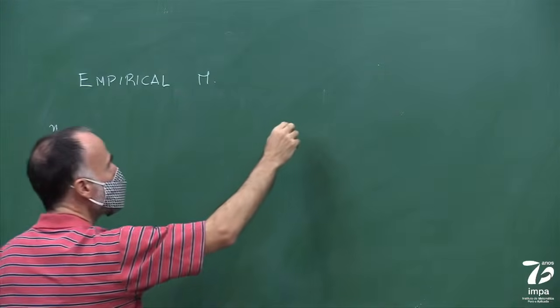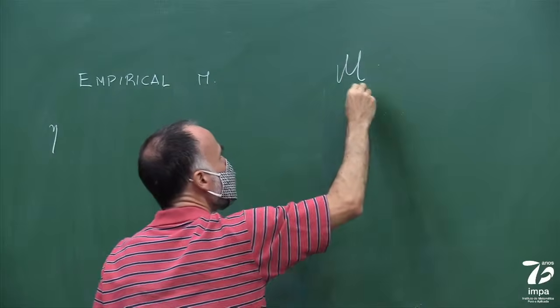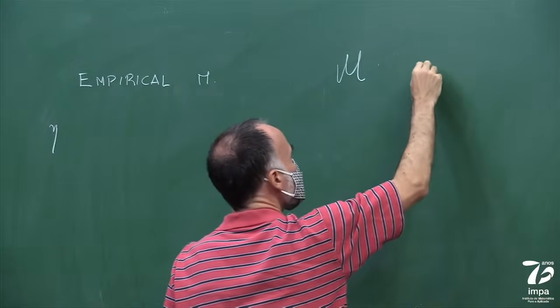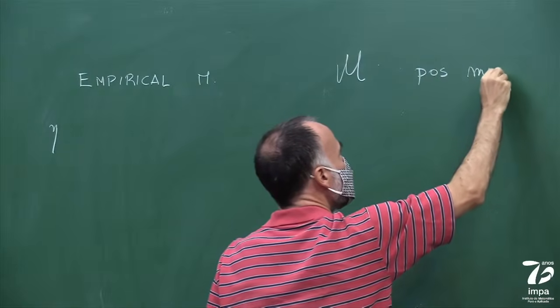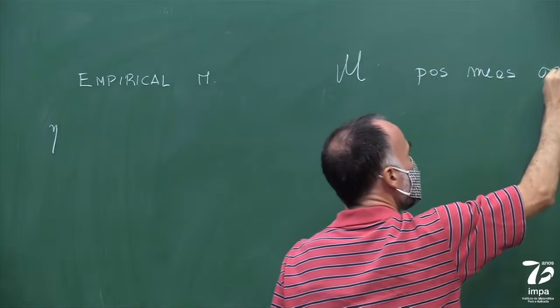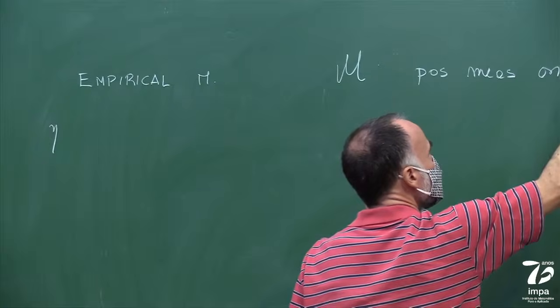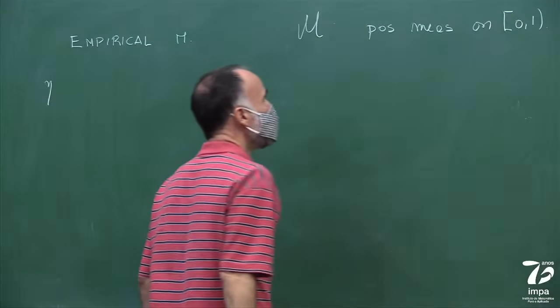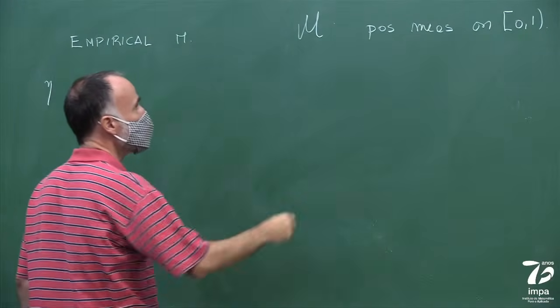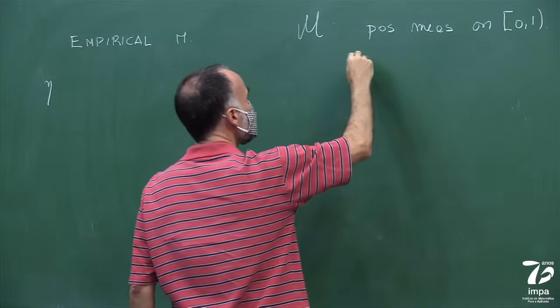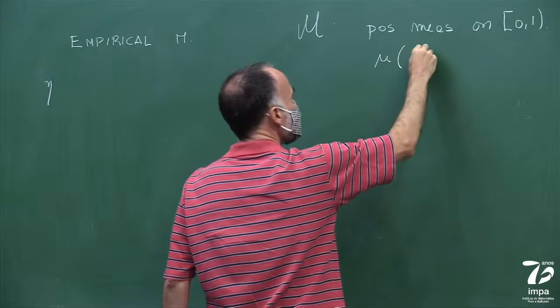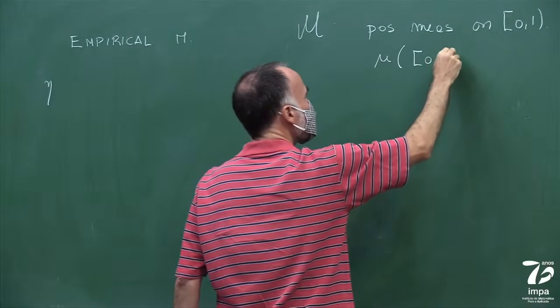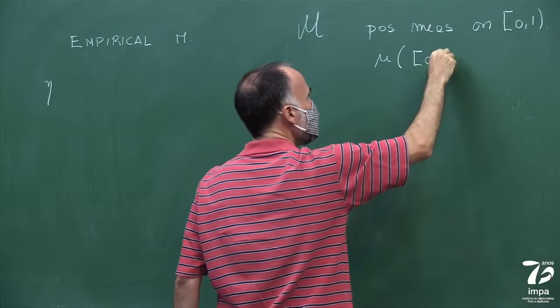So let me represent by M the space of positive measures on the torus, which means on my interval 0, 1. And these are positive. They will be represented by mu. And what I will require is that the total mass is bounded by 1.